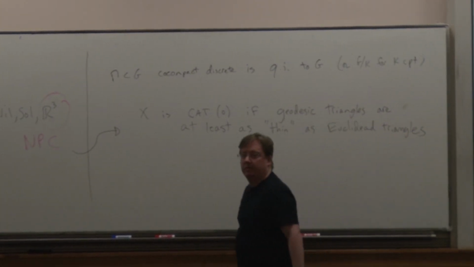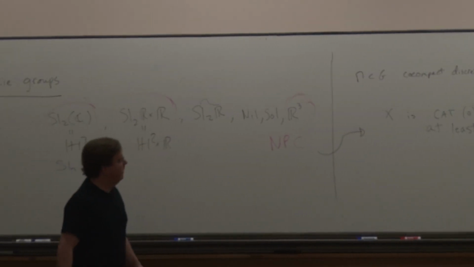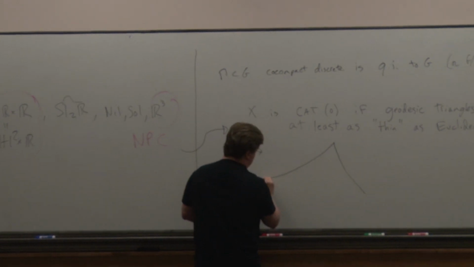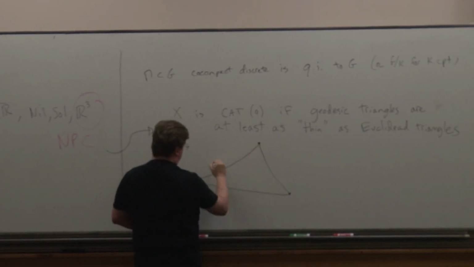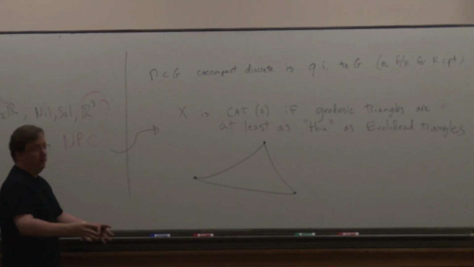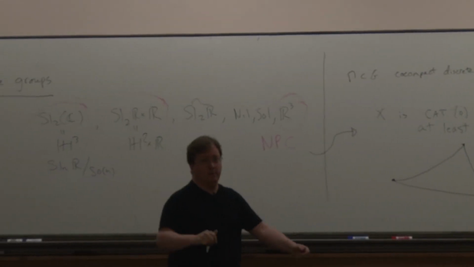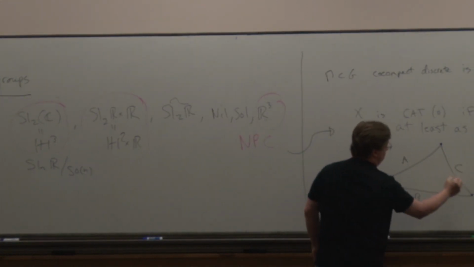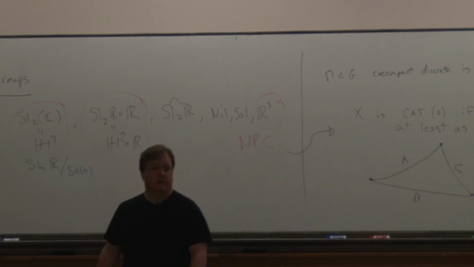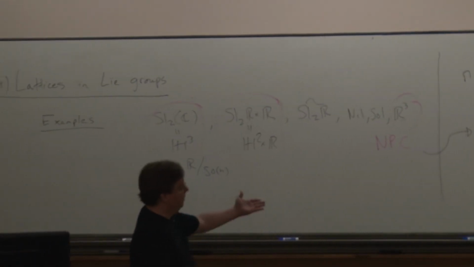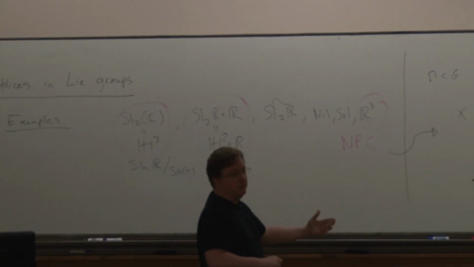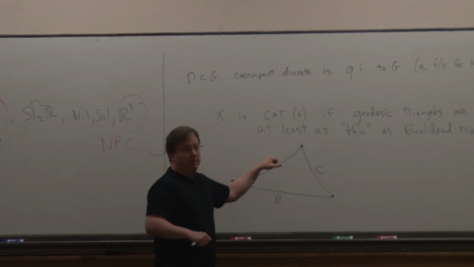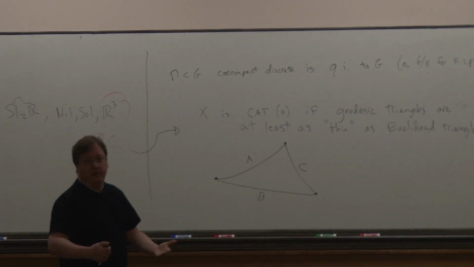You've seen it a lot, so you probably know what we're talking about, but if you draw a triangle in your space, which makes sense when we're talking about spaces which have geodesics, this triangle has some side lengths. The only real constraint is that they better satisfy the triangle inequality. And then, of course, there's a Euclidean triangle with the same side lengths. And now you can ask how this whole triangle, not just the three vertices, behaves as a metric space compared to the corresponding Euclidean one.